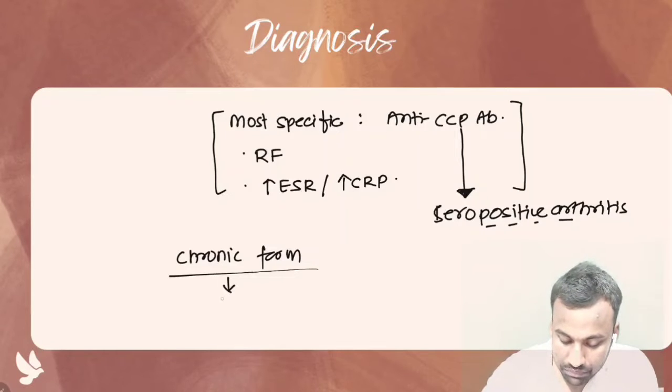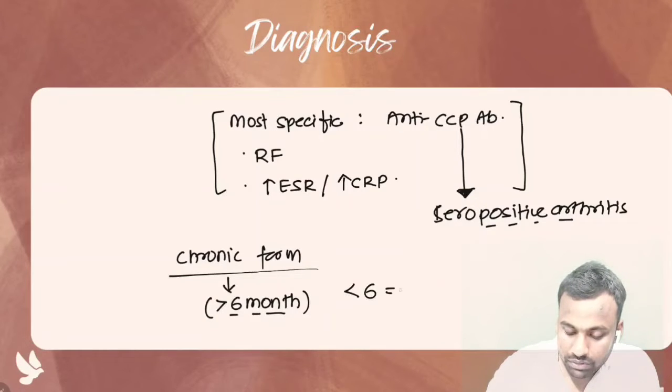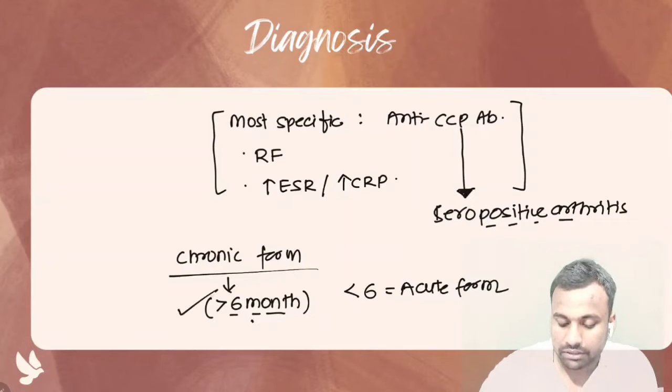It means the symptoms or the arthritis problem last for more than 6 months, and if it is less than 6 months, it is known as the acute form of arthritis. More than 6 months is known as the chronic form of arthritis.